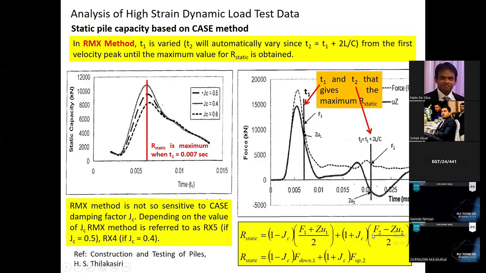Substitute them here in the equation until you get the maximum capacity, right? So we vary T1, and as a result, F1, ZU1 and F2, ZU2 will also vary. We vary this until the maximum value is achieved. That is called the RMX method.